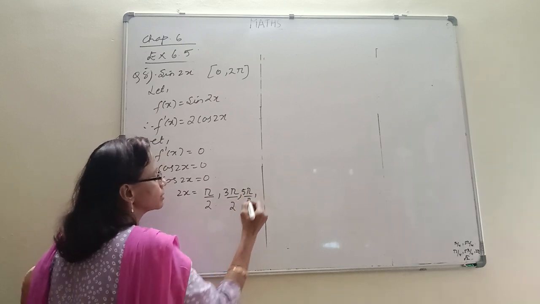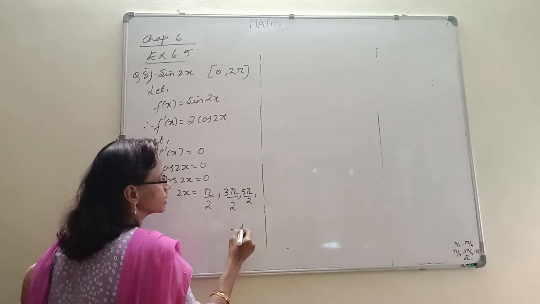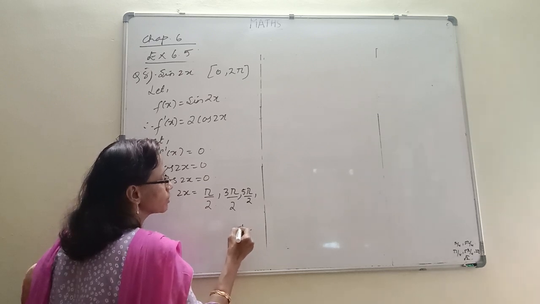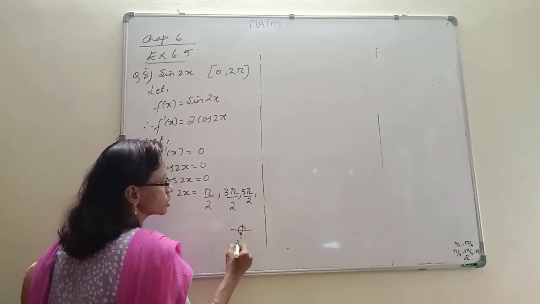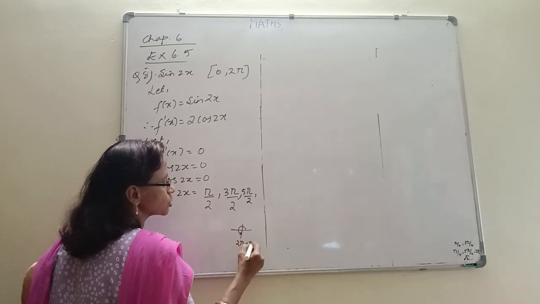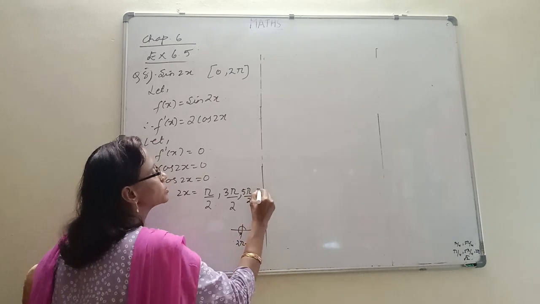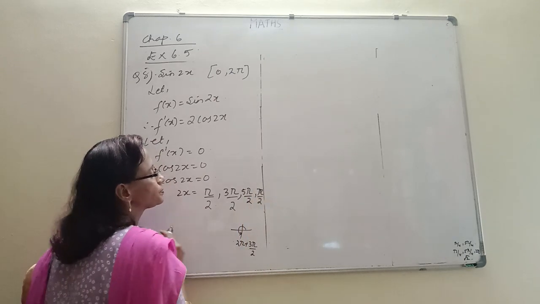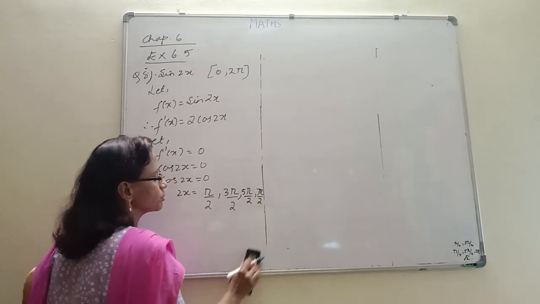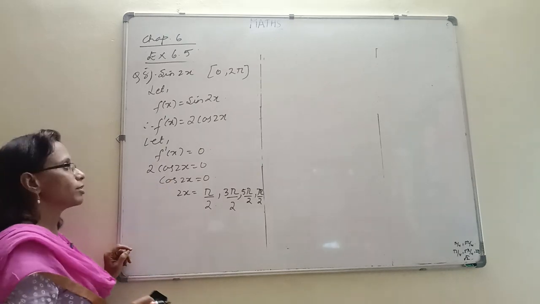And again it reaches the other point, so it's 2 pi plus 3 pi by 2, which is 7 pi by 2. So all these are going to be the critical points for 2x.